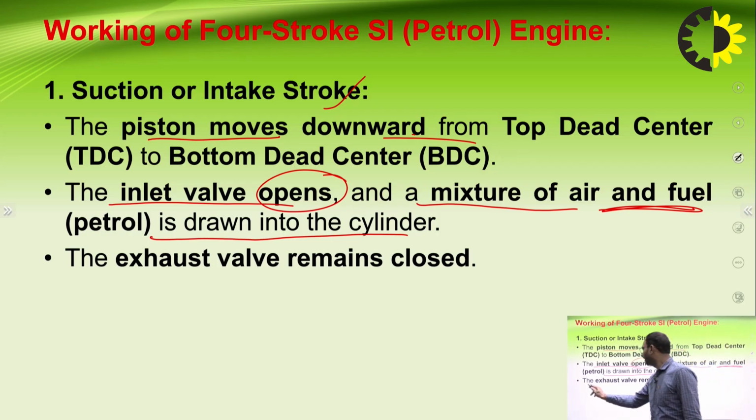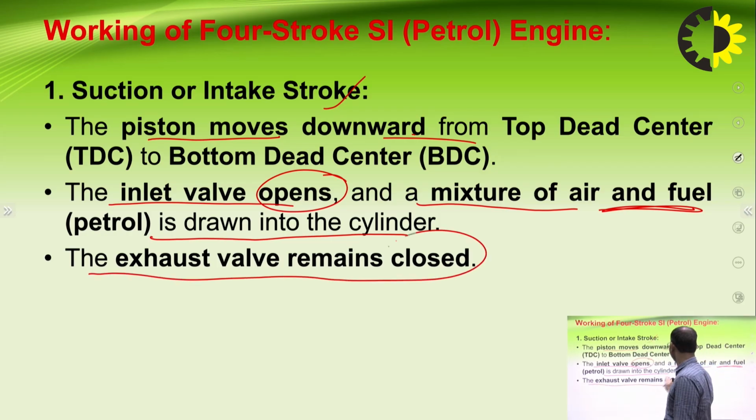The exhaust valve remains closed during this suction stroke. So basically, in this process, the piston moves from top to bottom dead center, the inlet valve is open, the exhaust valve is closed, and the air-fuel mixture comes into the cylinder from outside.